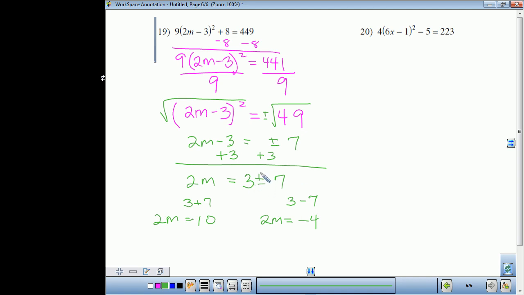So we have to do the plus part and the minus part. So we divide by 2, and we get 5 or negative 2. Do we have to put both of them? Yes.